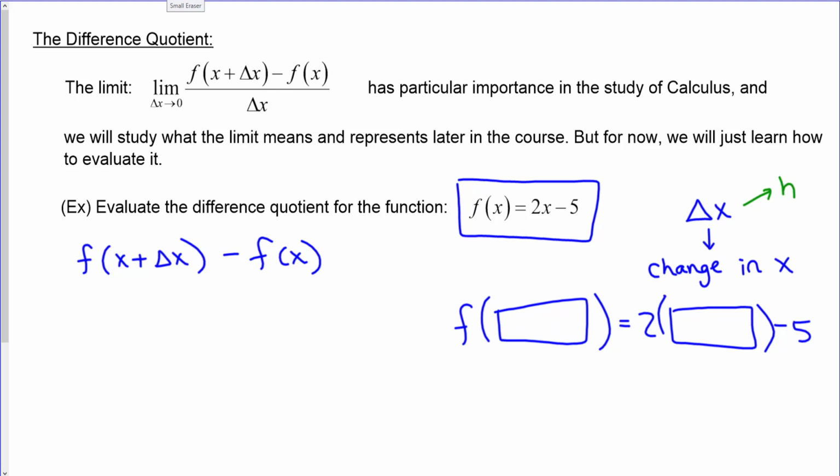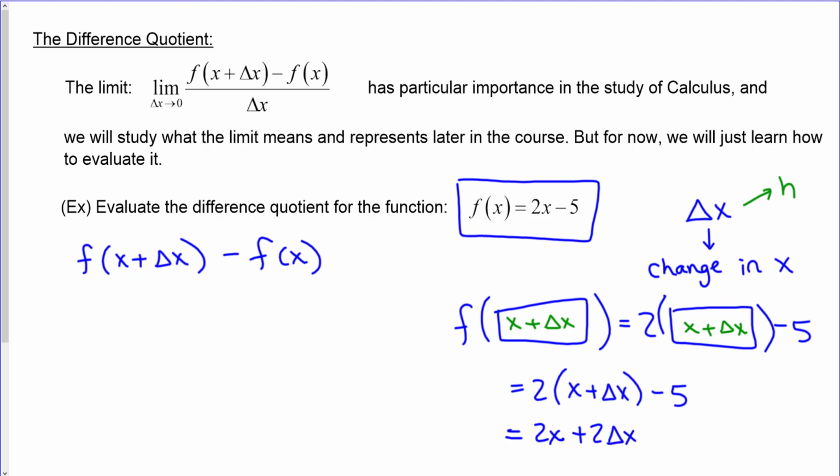It just so happens that right now what I'm going to do is put x plus delta x. So x plus delta x is going to show up over here in this one. So this means 2 times the quantity x plus delta x minus 5. And simplifying, that would be 2x plus 2 delta x minus 5.